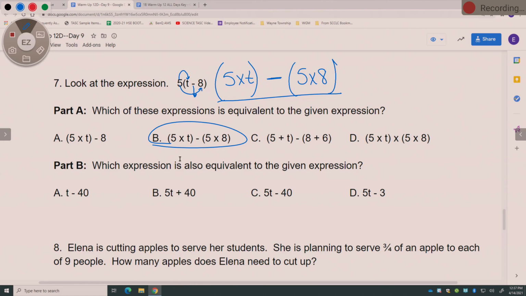So we can also write it as 5 times t, bring the sign over, and 5 times 8 we know is 40. So that's number 7.